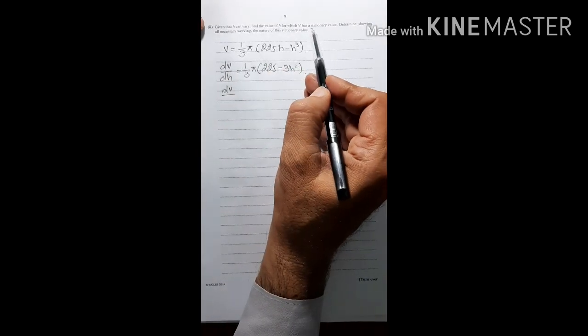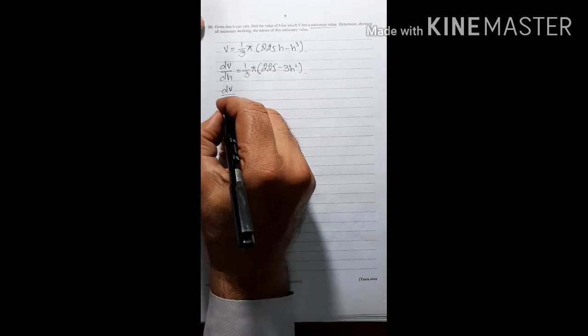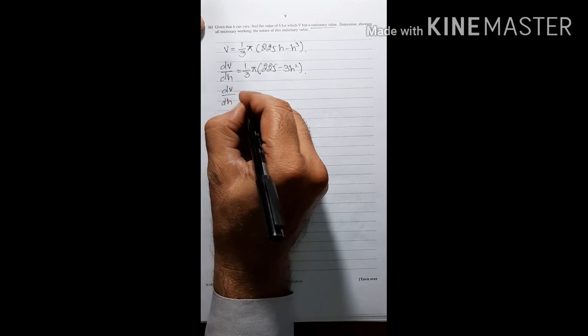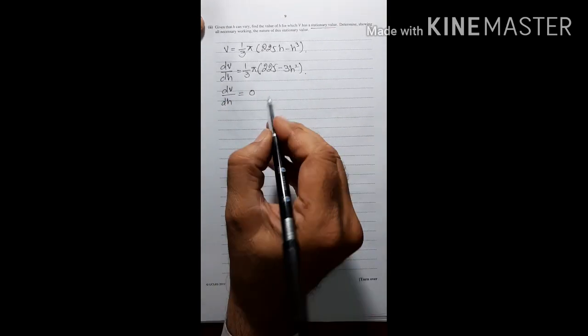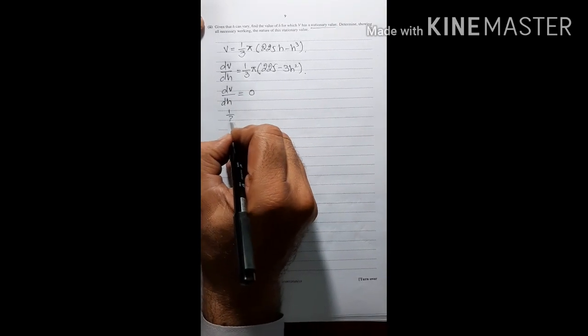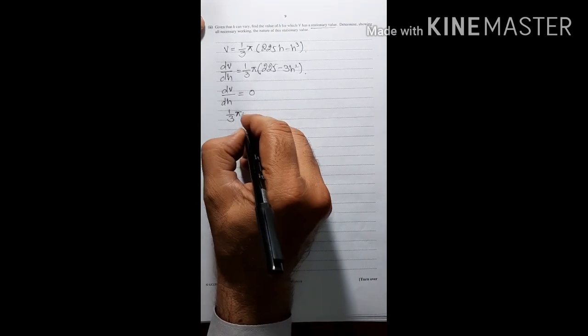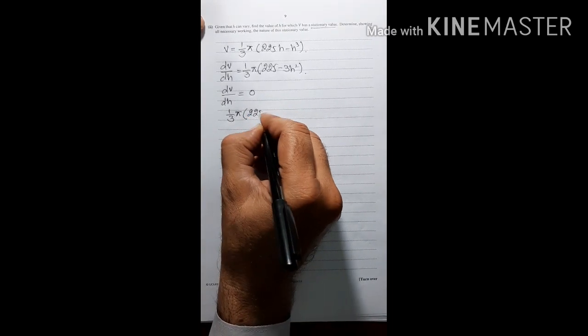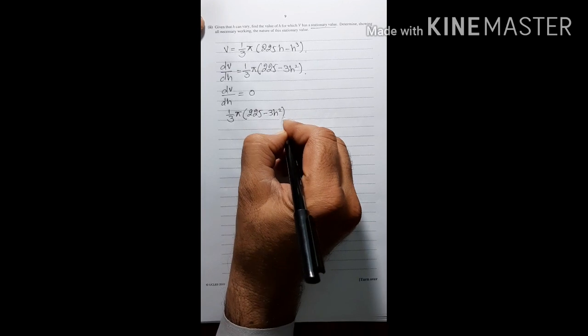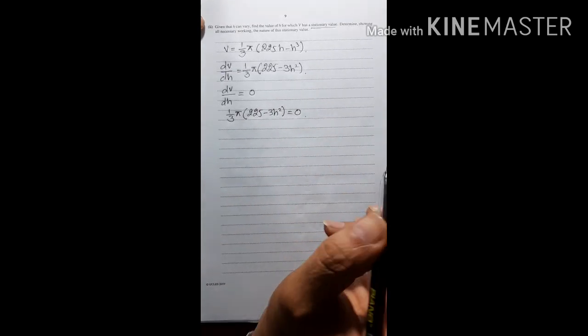So we need to put dV by dh equal to 0. So it will become 1 over 3 pi (225 minus 3h square) is equal to 0.